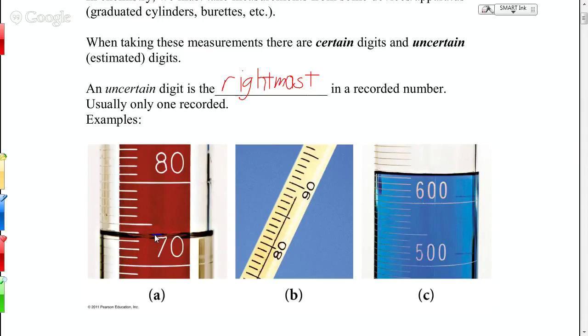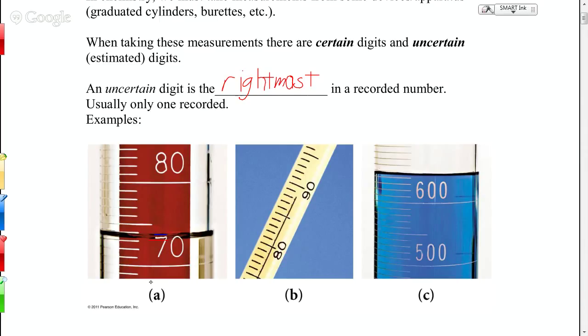And we always measure to the very bottom of that shape, that curve. So the very bottom of that curve in the middle, we are going to look at the scale and determine which numbers are the certain digits, and then what is the uncertain digit that we're guessing.